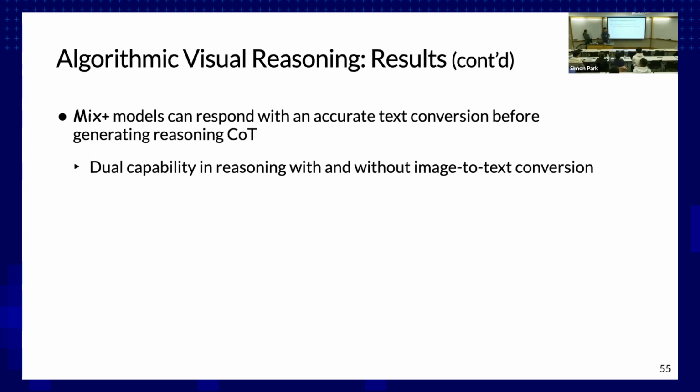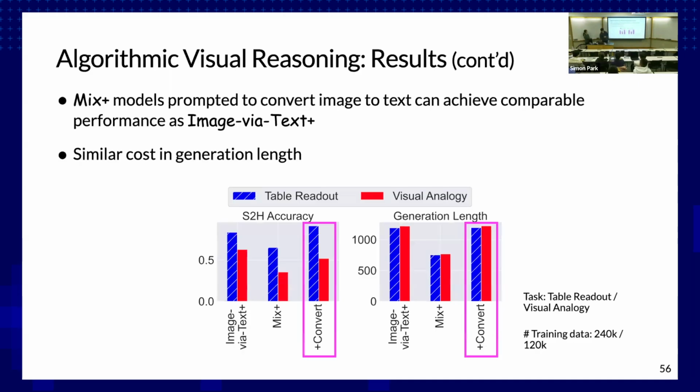And this shows that the models trained with mix plus have a dual capability of reasoning with and without that conversion. And when it does convert, it actually achieves a better accuracy in the end. So with the convert token, the improvement is significant. But the problem is, since at inference time we ask the model to directly convert the image to text, the high inference cost is still a bottleneck.